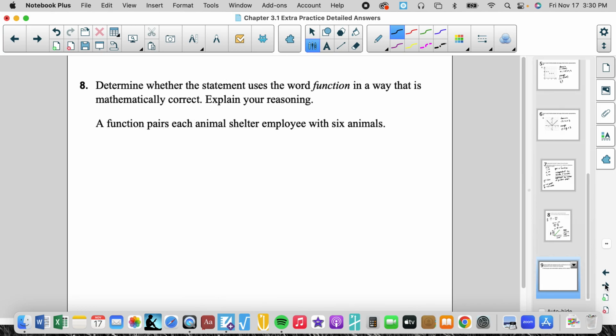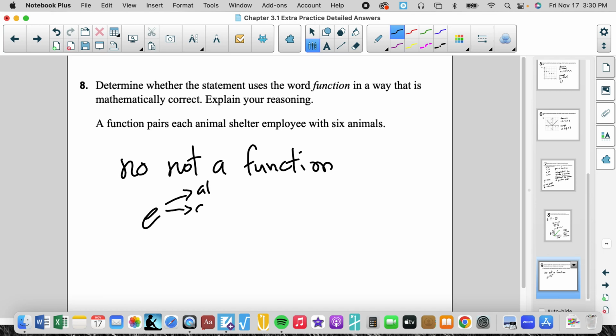Determine whether the statement uses the word function in a way that is mathematically correct. Explain your reasoning. A function pairs each animal shelter employee with 6 animals. No, I would say no, not a function. Because you have employee, and that is animal 1, animal 2, animal 3, animal 4, animal 5, and animal 6.